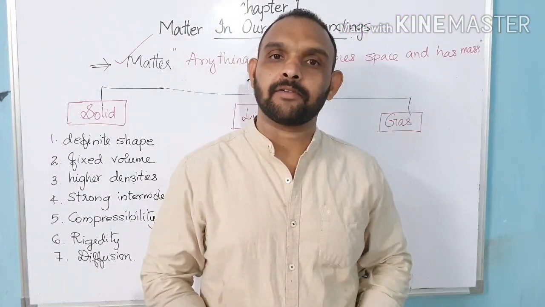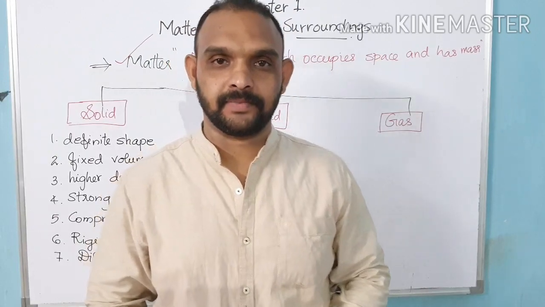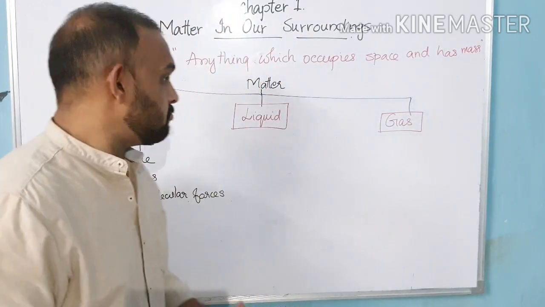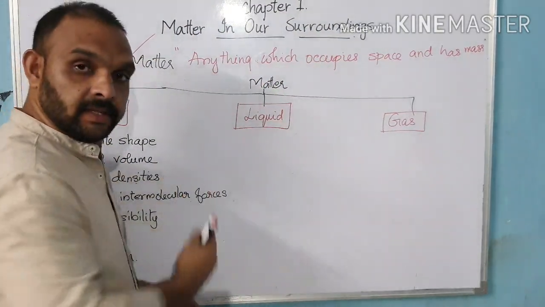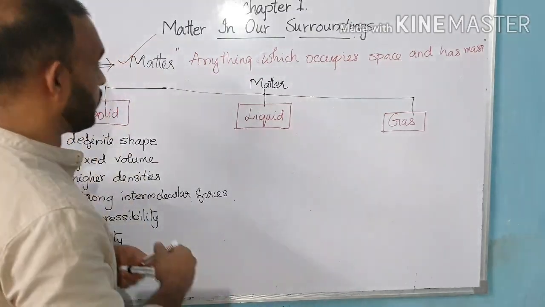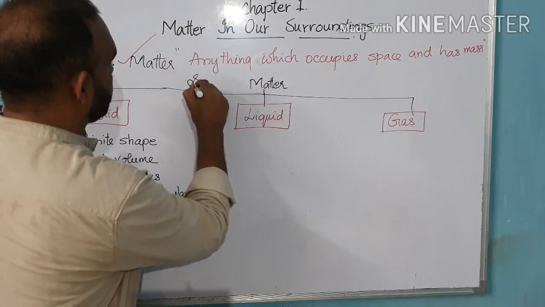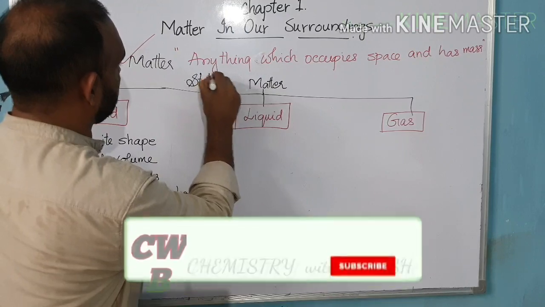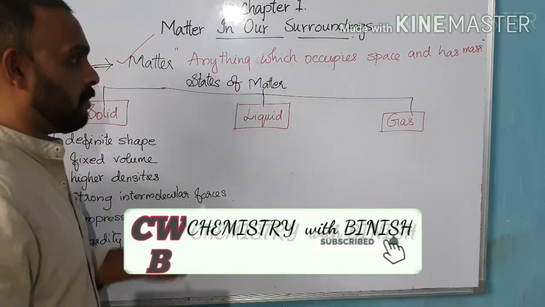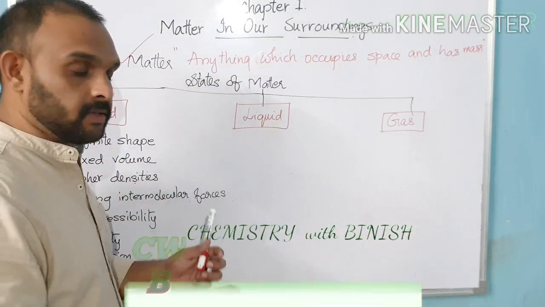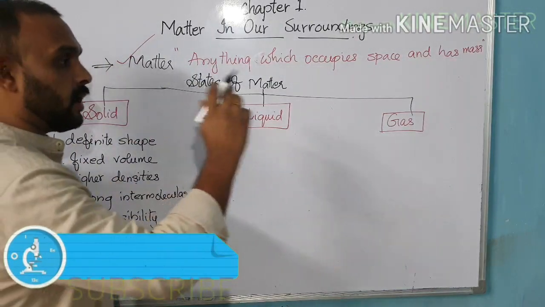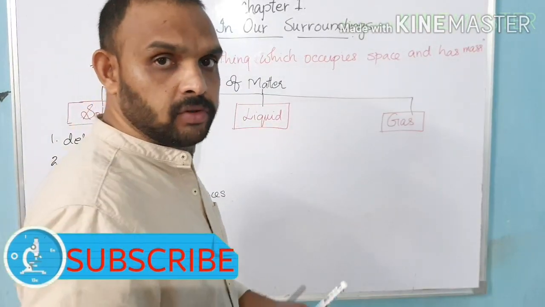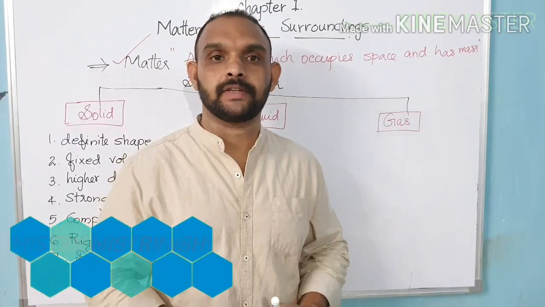We are going to study about the characteristics of matter. We have already learned that matter can be divided into 3 states: solid, liquid and gas. So how do we differentiate these 3 states?